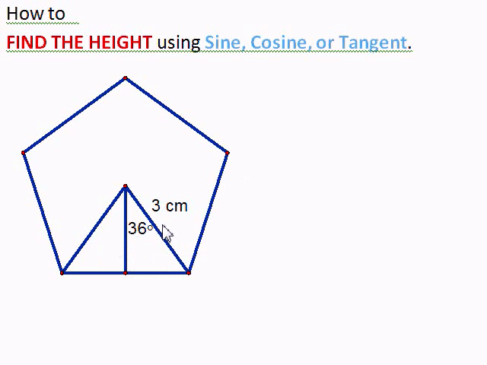So now I've written the degree measure and we know the hypotenuse of our triangle. How are we going to find the height using sine, cosine, or tangent? Well, I'm given the hypotenuse because that's across from the 90. This is the hypotenuse, and I want the height. Now the height is adjacent to our 36 degrees.